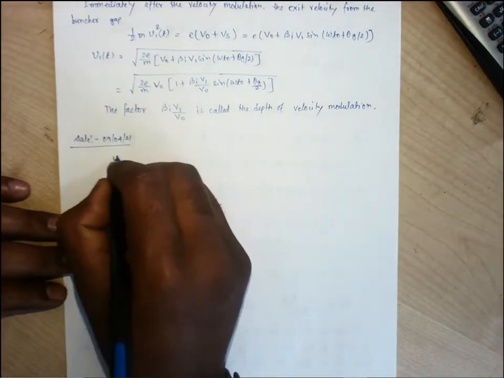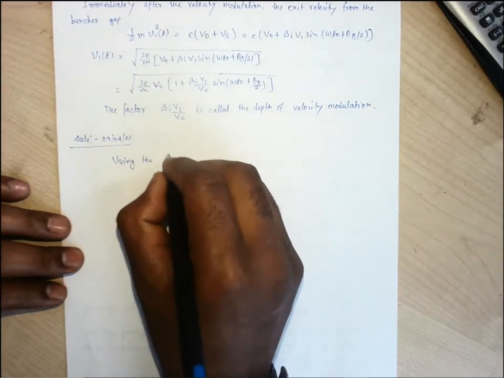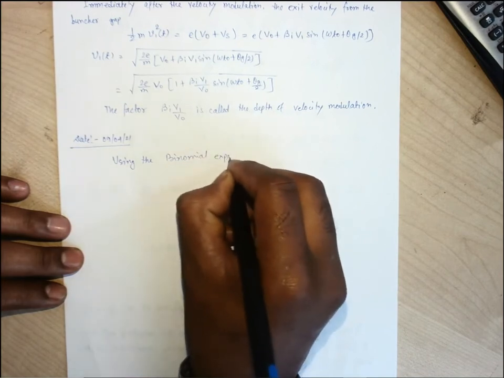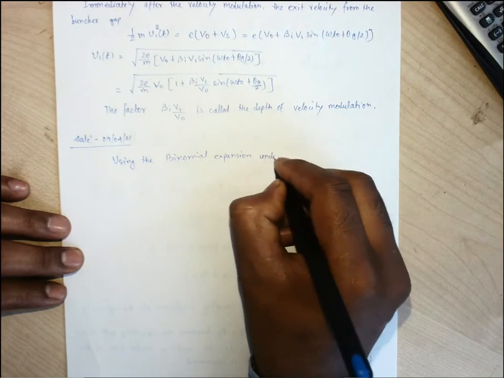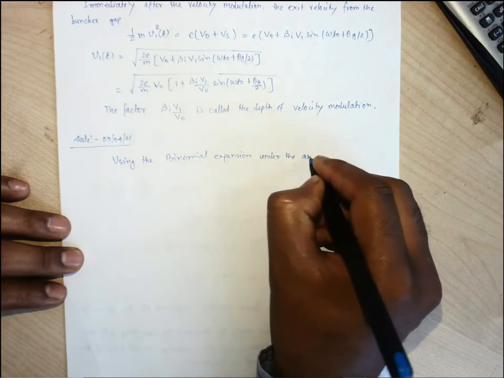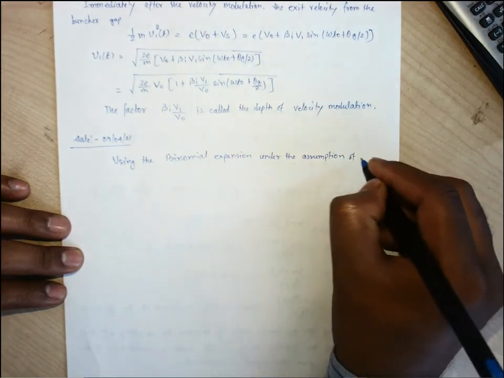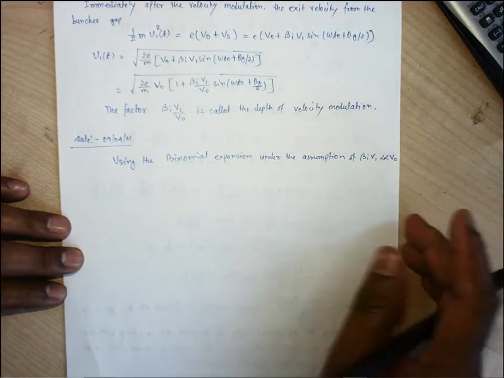So using the binomial expansion, under the assumption of beta I V1 is less than V0.